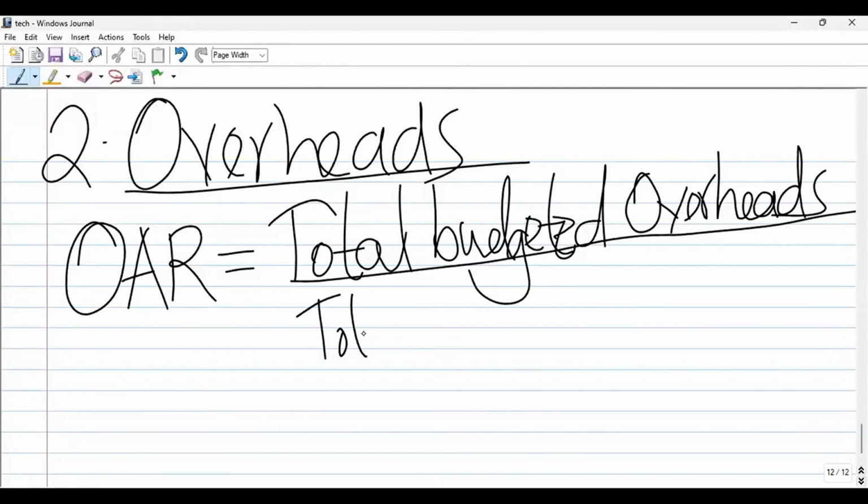However, we don't need to say over the total activity level. Once you know the activity level to use, then you don't need to specify it again.